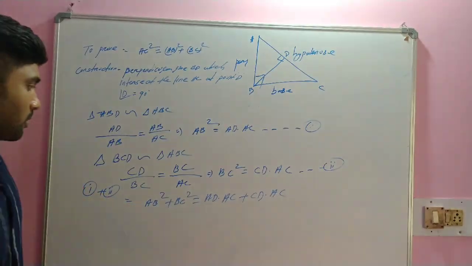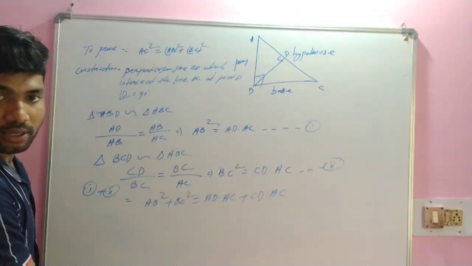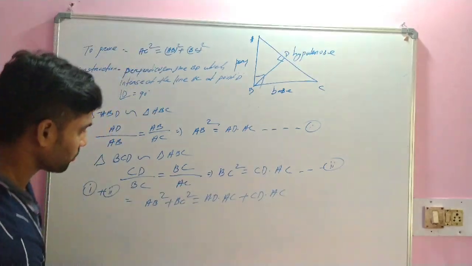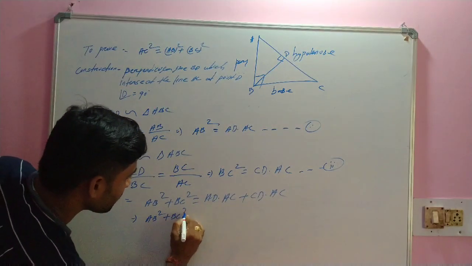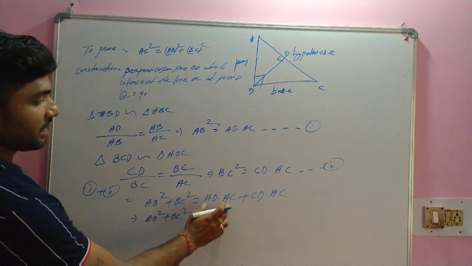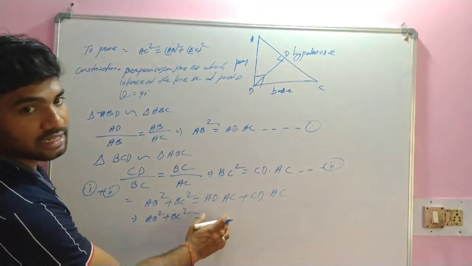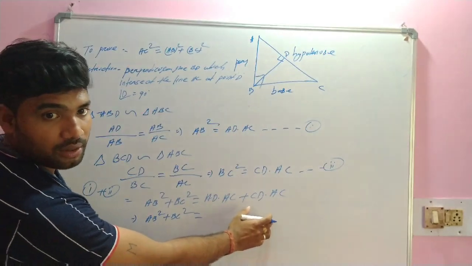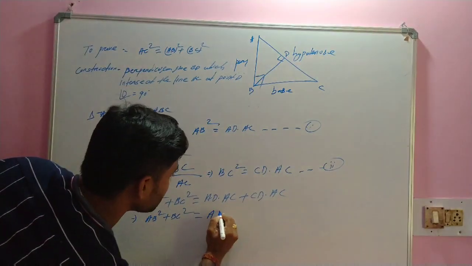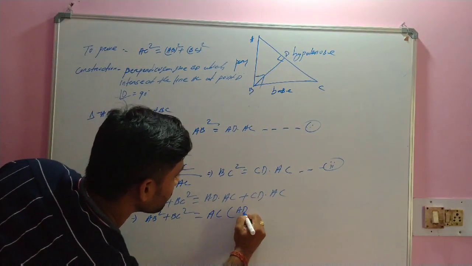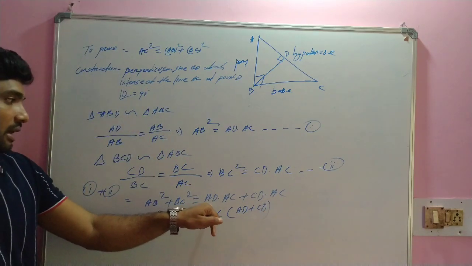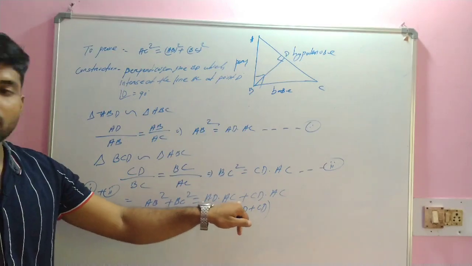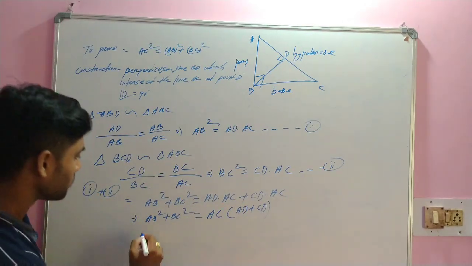Okay? I add the left side of both equations and the right side of both equations. So AB square plus BC square equals AD into AC plus CD into AC. AC is the common side of both, so AC whole into AD plus CD, because I have taken AC as common.